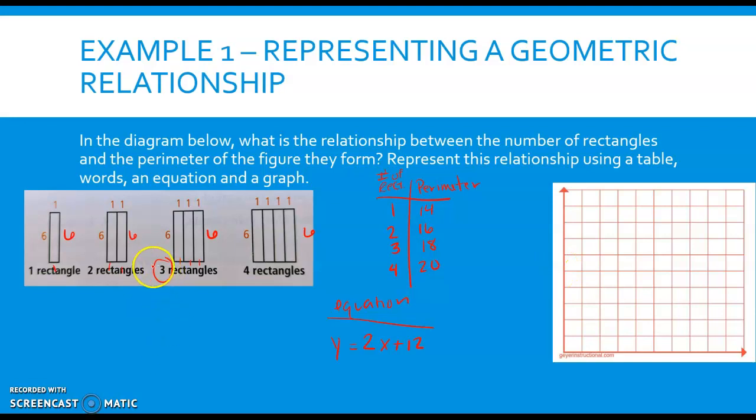Now it also wants us to do this in words. So if we use words, I'm just going to basically write this in words. We're going to multiply the number of rectangles because that's what X represents. I can't just say we're going to multiply X. What is X? So we're going to multiply the number of rectangles by 2.